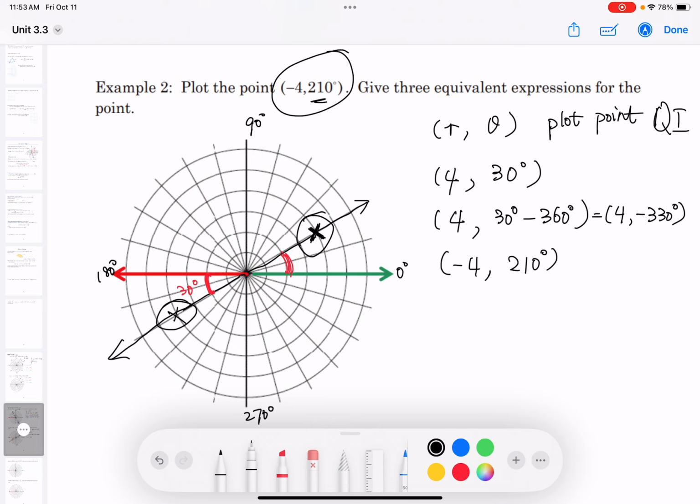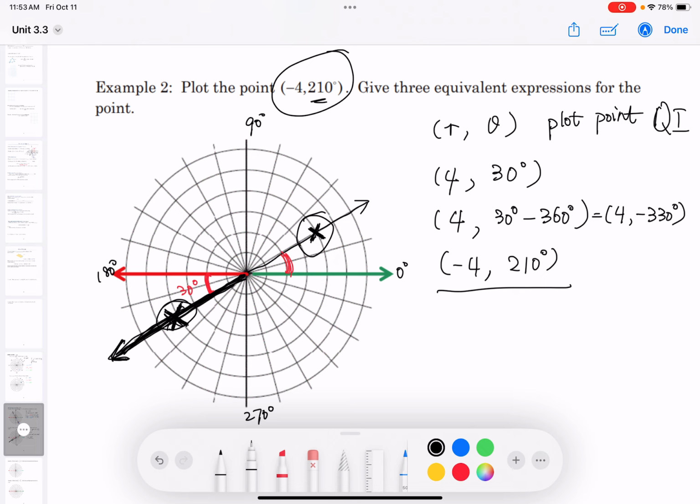So we have learned the opposite terminal side helps us to graph my point. Graphing this one, first we find which angle is 210. It's the line we highlighted now. And then we find the point which has the positive 4 radius.